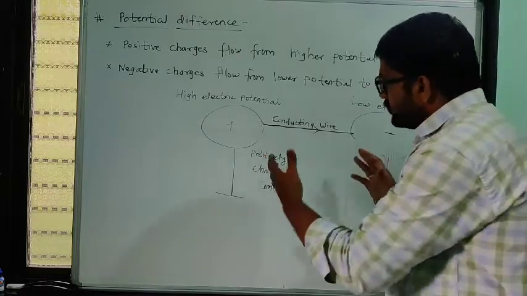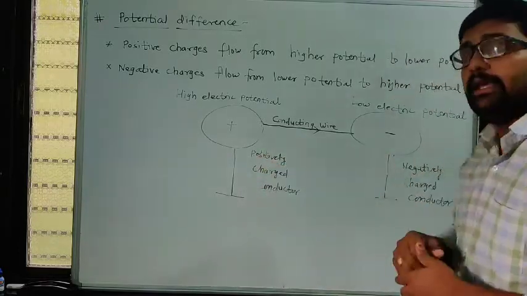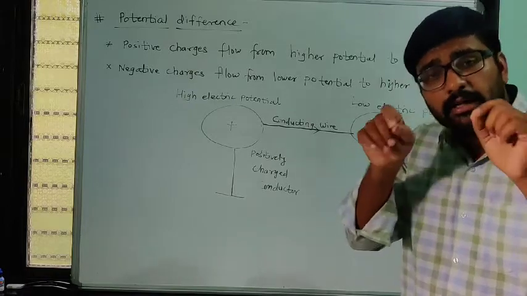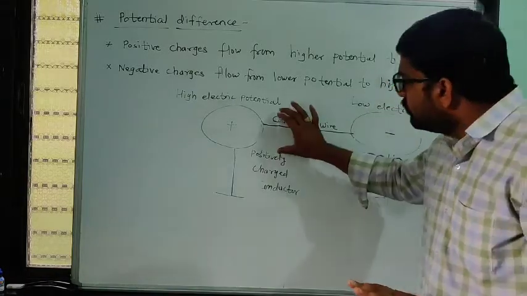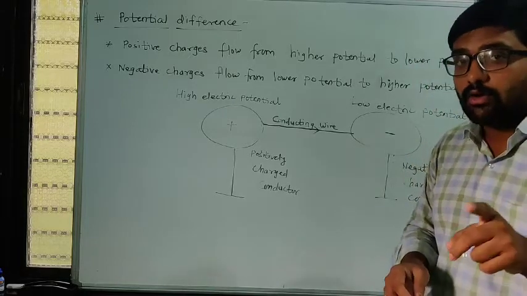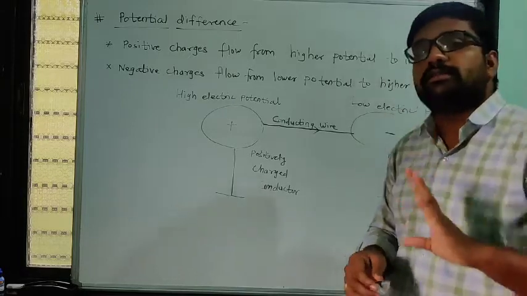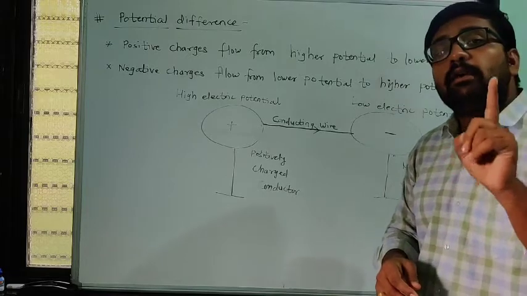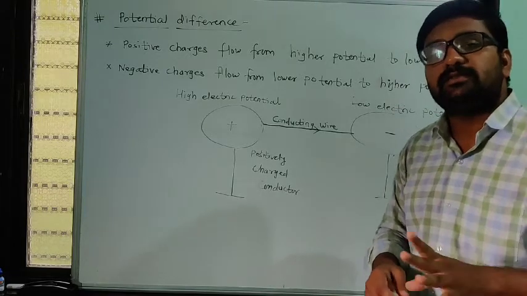Okay, as the potential difference of this positively and negatively charged conductor becomes equal, from that instant the motion of charges stops, because for the motion of charges what happens? A potential difference must be required.